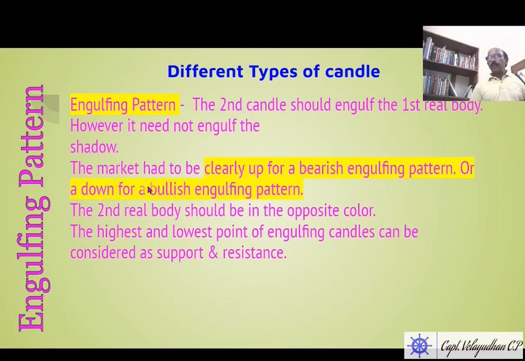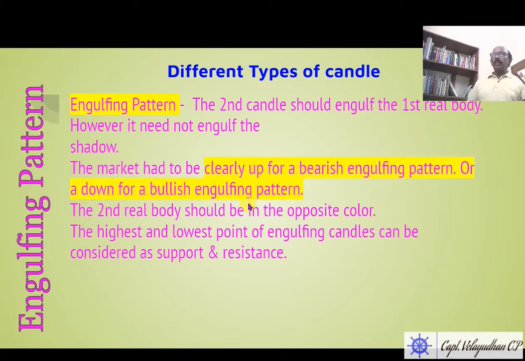To qualify as an engulfing pattern, the market has to be clearly in an uptrend for a bearish engulfing pattern. At least a 3-4 day rally should be there. We say a minimum 5 day rally is a good indicator. Or a downtrend for a bullish engulfing pattern. So when you call a rally or a downtrend, it should be at least a 3-4 day move.